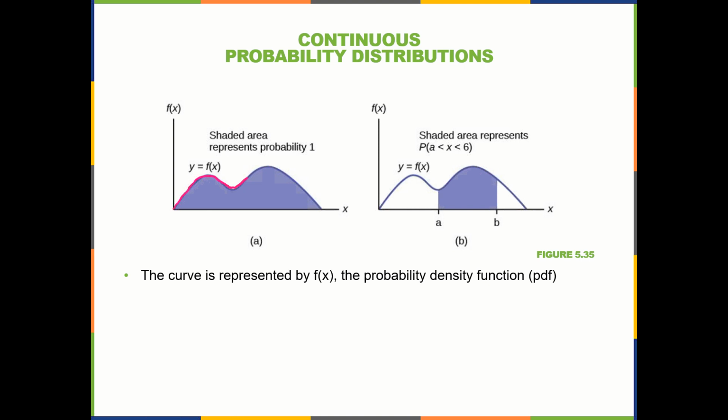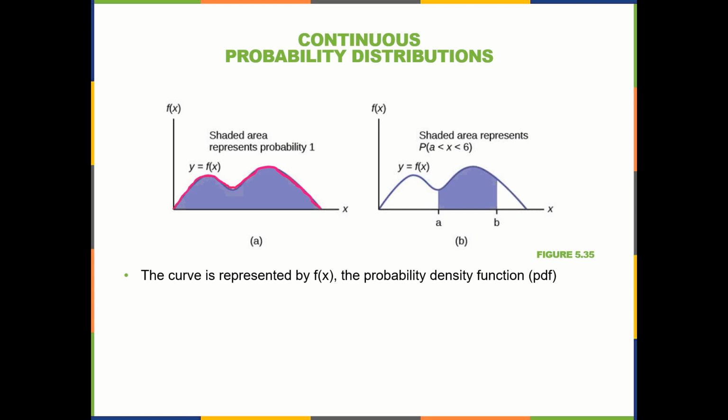But we create a curve like this, and if this curve represents the probability of x, and I go to any one x value on the axis and go up to that curve to find the probability, the truth is that the true probability is going to be 0 because there's an infinite number of possibilities, and the likelihood of landing on 1 out of infinity is 0.